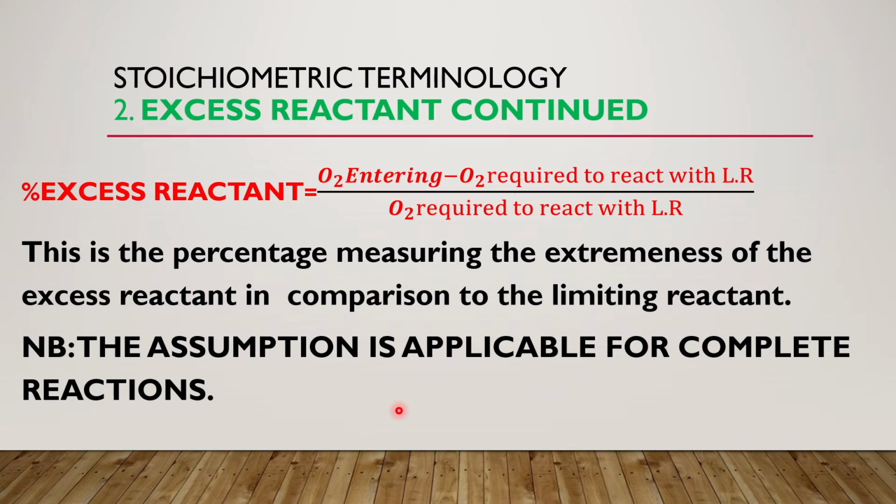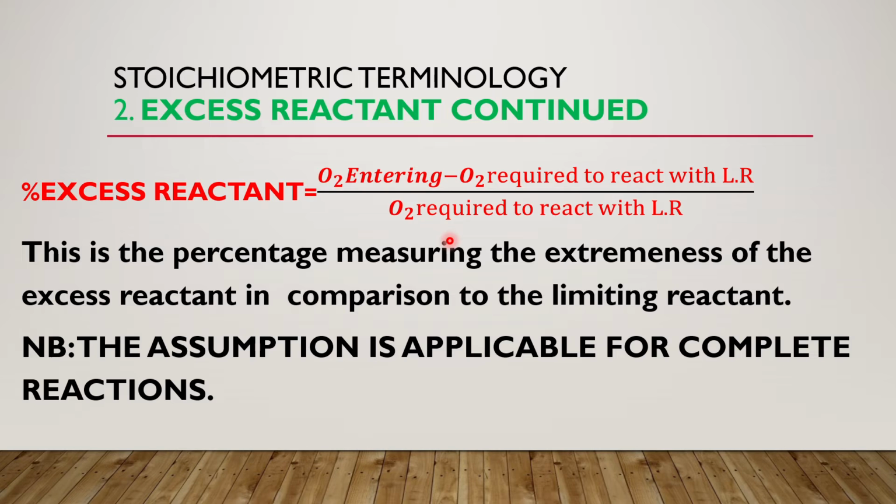Now moving forward, what's important is the excess reactant. Normally, how do you signify it? We can also calculate the percentage excess reactant. The percentage excess reactant is the extremeness of the excess reactant in comparison to the limiting reactant.